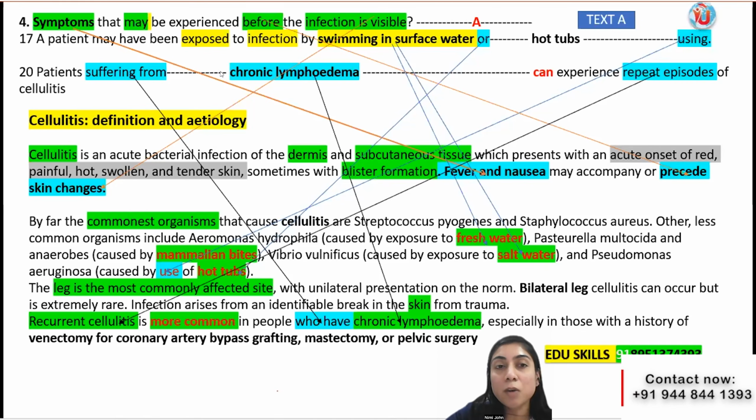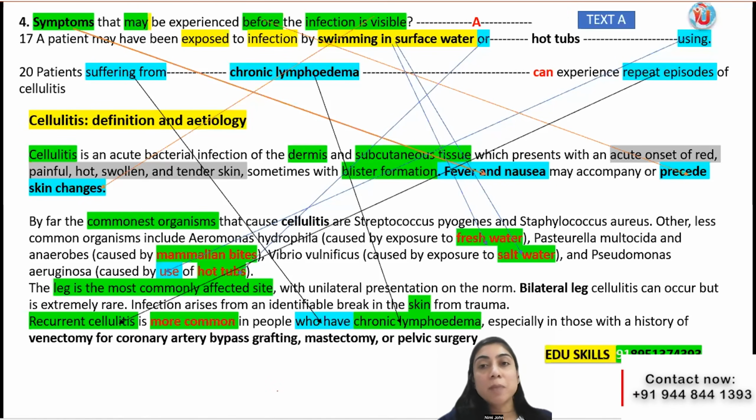Is there any doubt about this question? Yes, that is correct. There is no need to underline all the words. Here they are talking about the acute onset of red, painful skin and all the symptoms. But sometimes with blister formation, fever and nausea may accompany or precede skin changes. So here also the keyword is may.